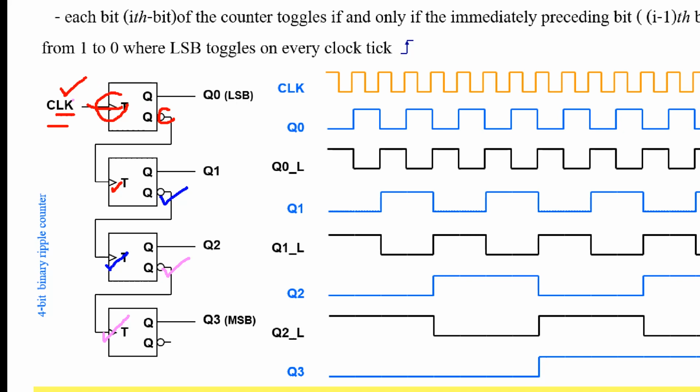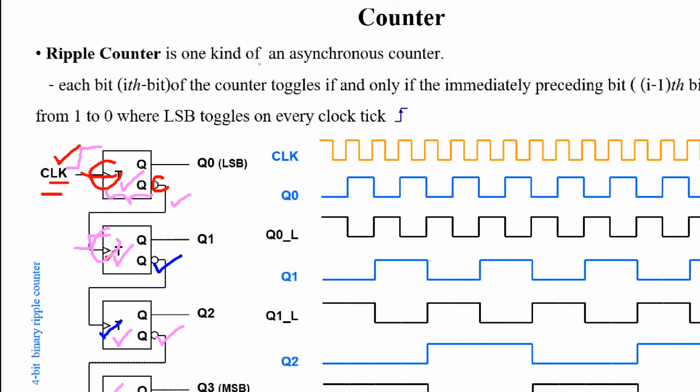That means when this clock ticks, we must wait for some propagation delay before the signal is available, then tick this one. That means the clock ticks each flip-flop at a different time, so it's asynchronous.